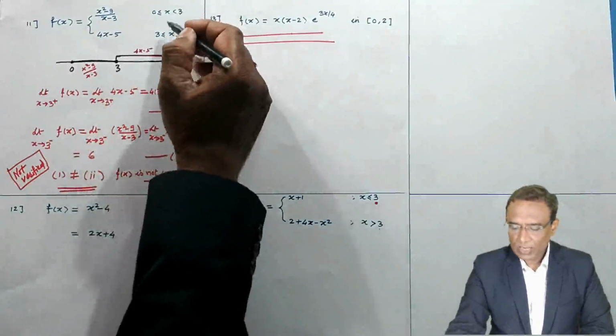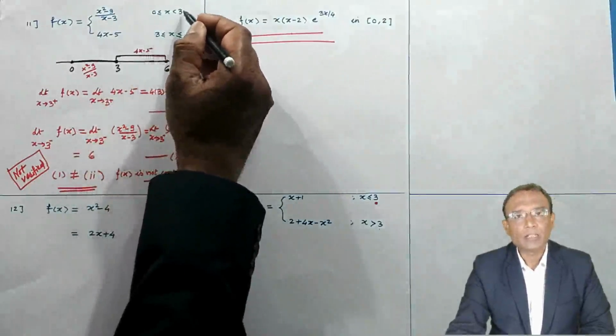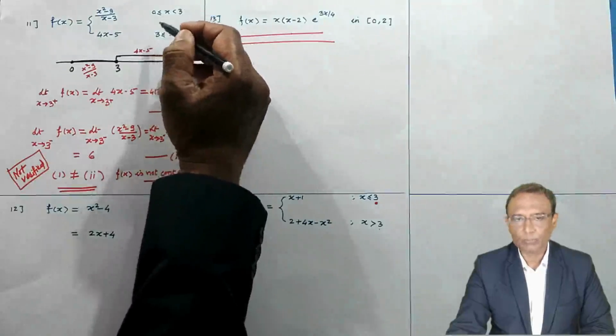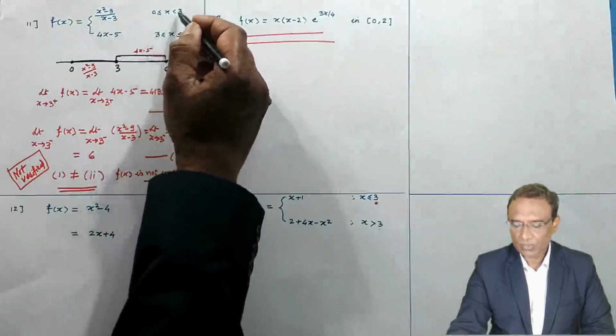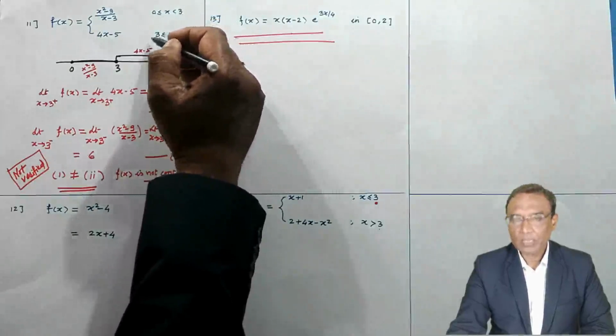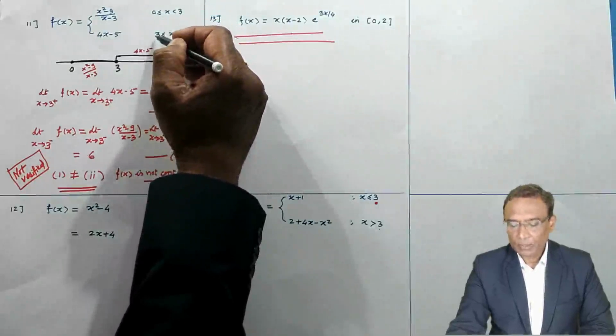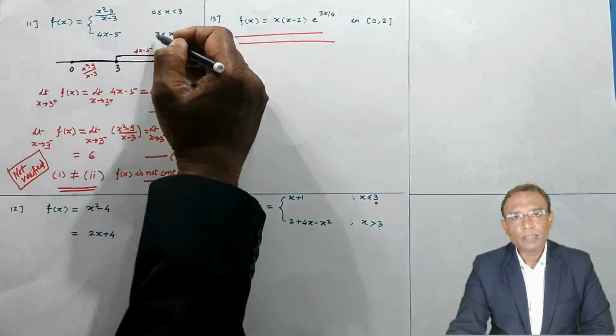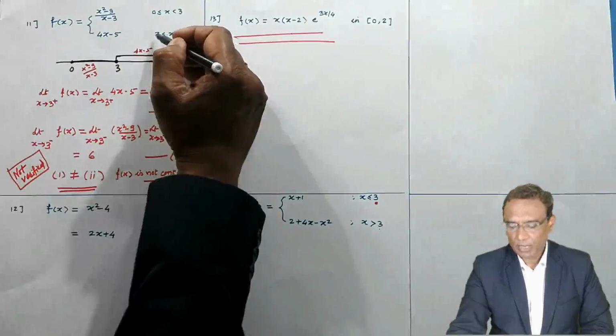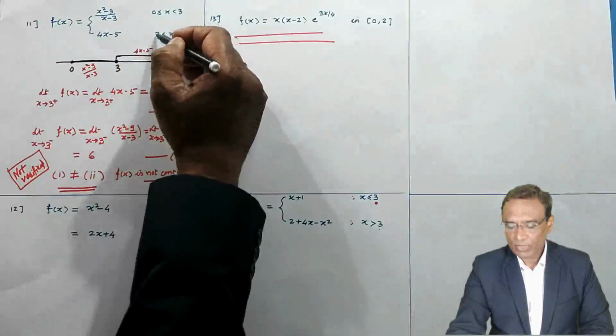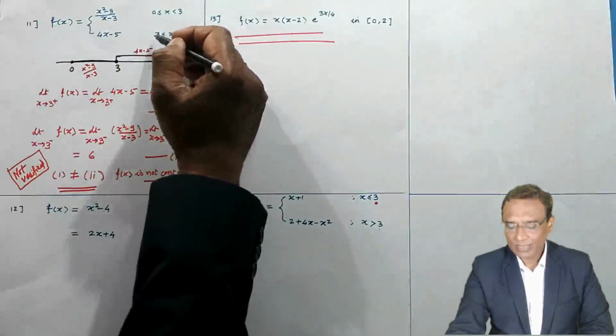So you may call this the common point, the transition point. The point 3 is not common, but this 3 is there. When you check continuity or differentiability, you check it at the common point, or you can say the transition point.